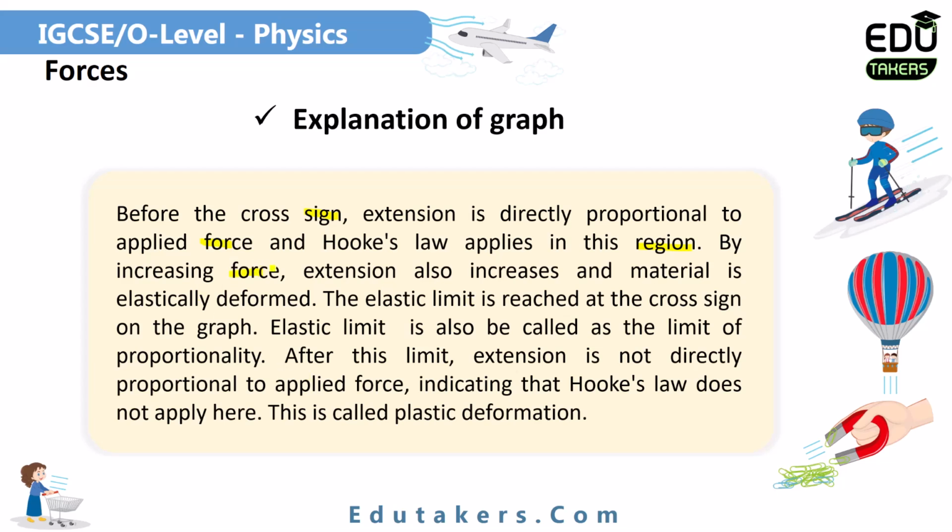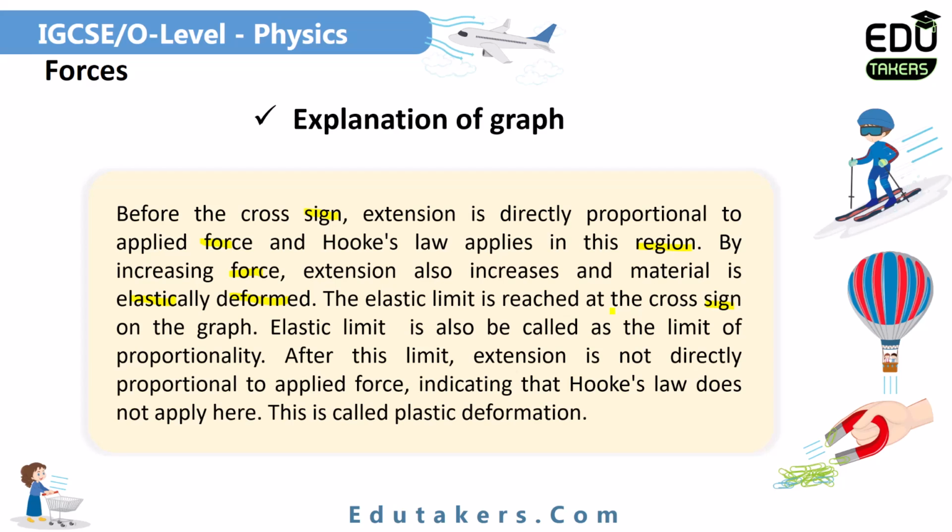When you increase the force, extension also increases and the material is elastically deformed. It means that when you remove the force, the spring can attain its original shape. The elastic limit is reached at the cross sign. The elastic limit is basically until the cross sign. After this cross sign, the elastic limit has ended.